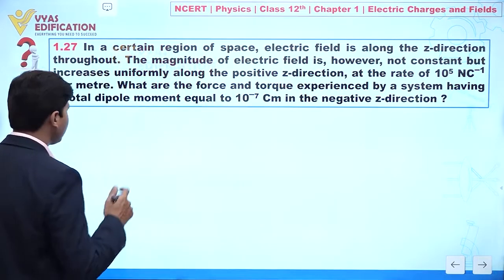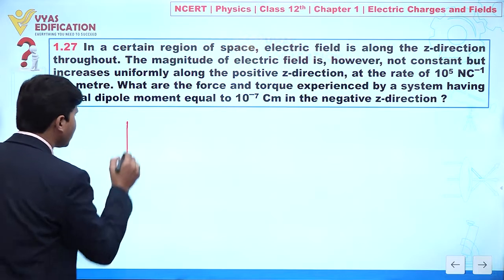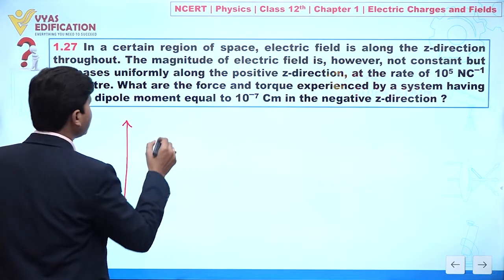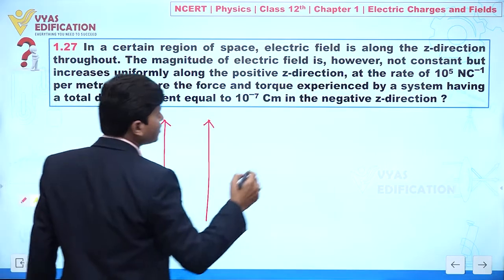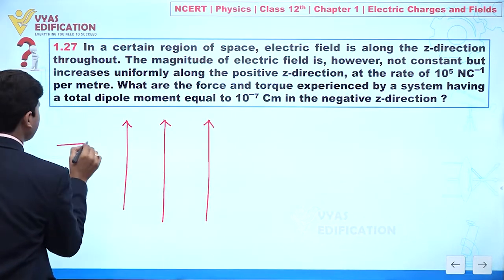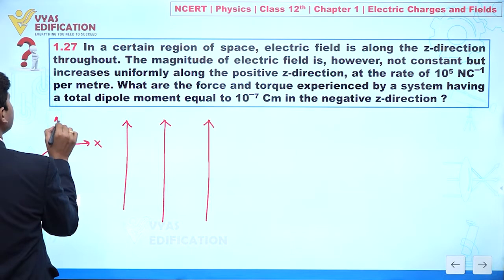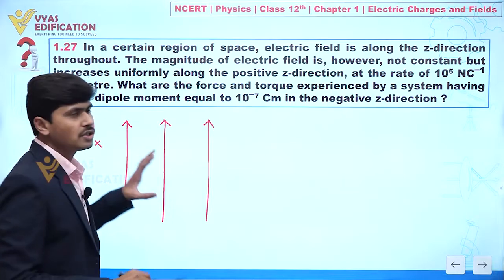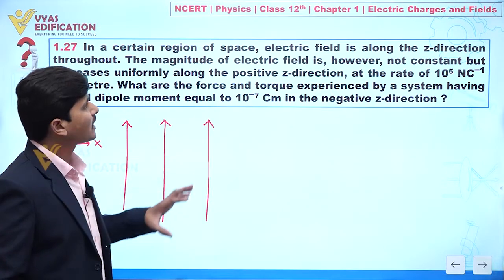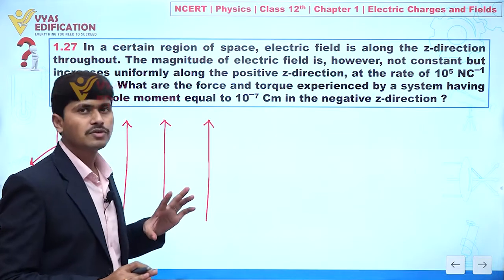So according to the question, we can see electric field lines in the z direction, and this is the electric field direction. Let's suppose this is positive x, this is positive y, and this is positive z direction. The electric field is in the positive z direction, and its magnitude is not constant but increases uniformly along the positive z direction.